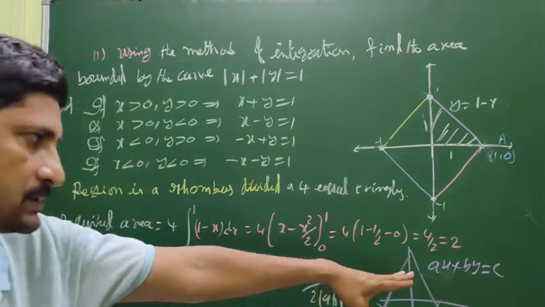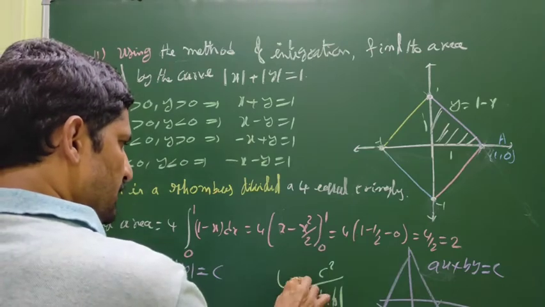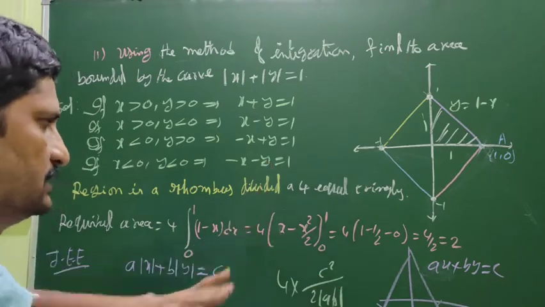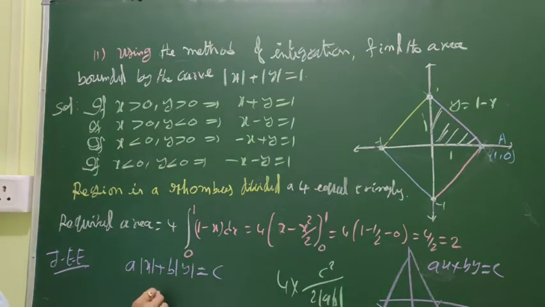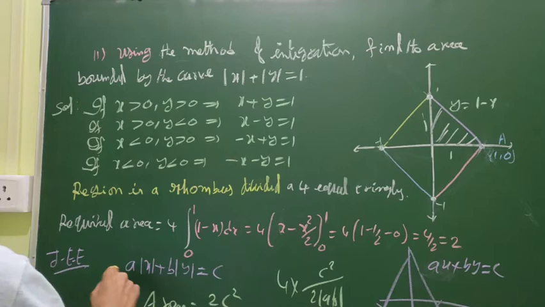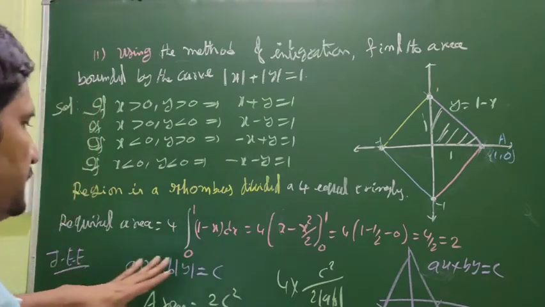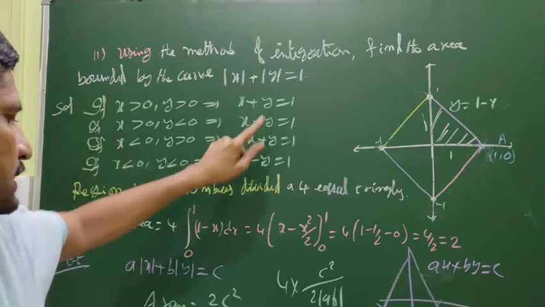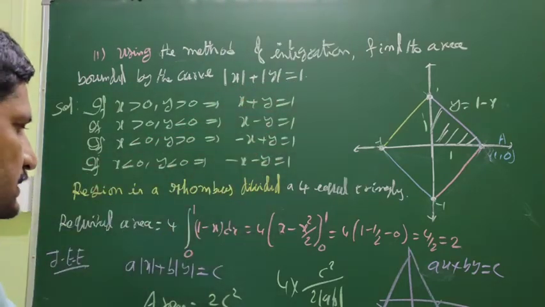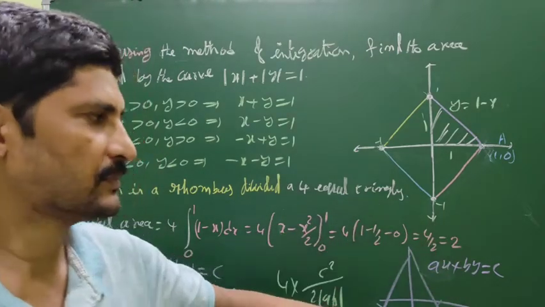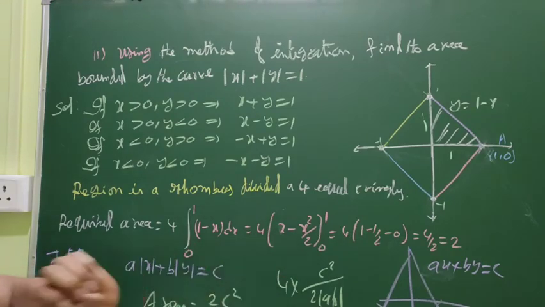This is the area; multiply by 4 for the full area. So 2c square by mod ab is the formula. Area is equal to 2c square by mod ab. This is the formula for JEE Mains. Now use a, b equal to 1 and c also 1: 2 into 1 square by 1 into 1, the answer is 2. This is for JEE Mains.